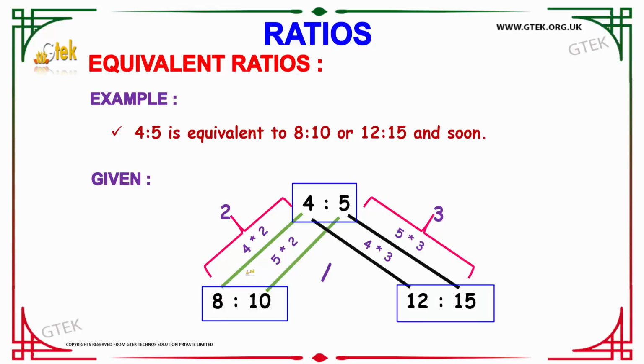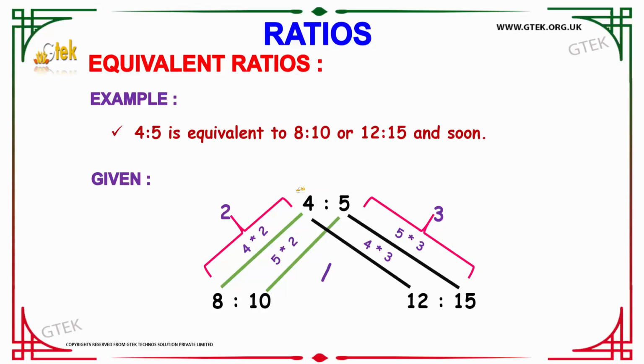if we multiply the 4 by 2 and the 5 by the same 2, we get 8 and 10. Since it has the divisibility of 2 as a common term, we have the equivalency of 4 is to 5 equals 8 is to 10.